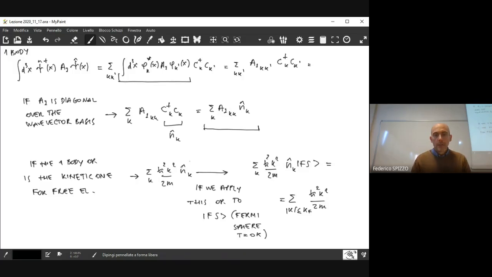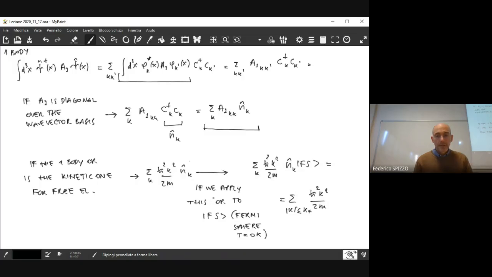Due to the fact that the kinetic operator is diagonal over the plane waves, we have this expression for the matrix elements of the operator over the basis of the plane waves. So the representation of the final operator using the second quantization approach is quite simple, since we have just this coefficient times the number of particle operator corresponding to level k.